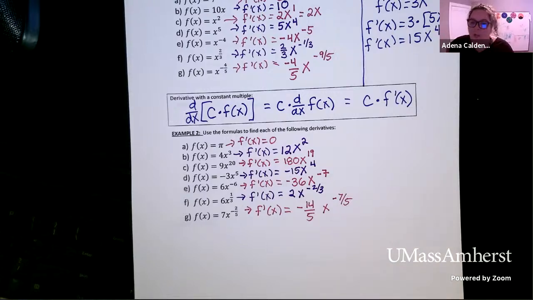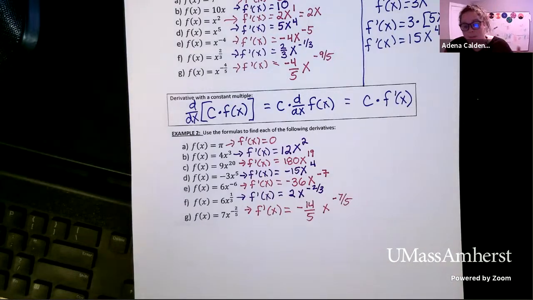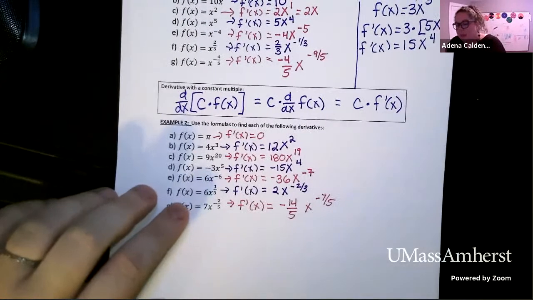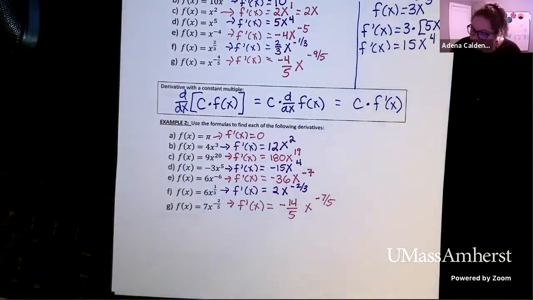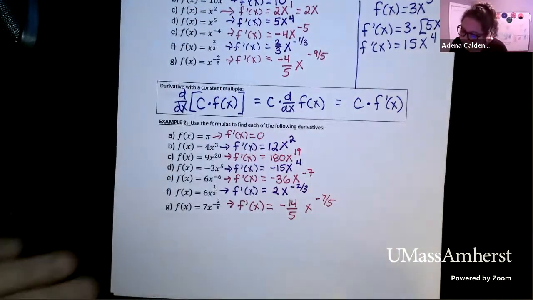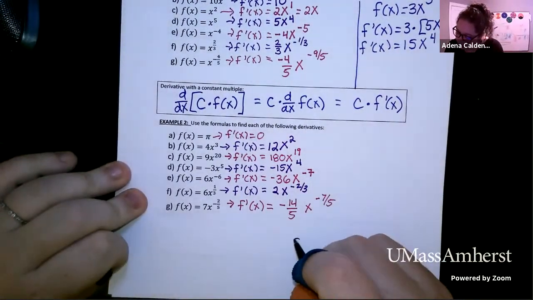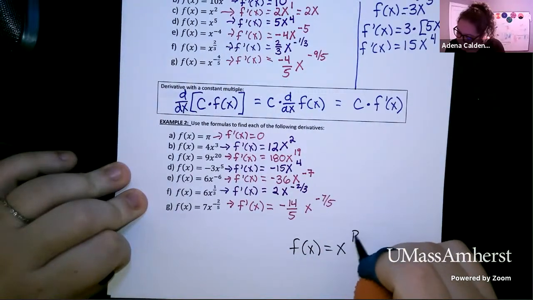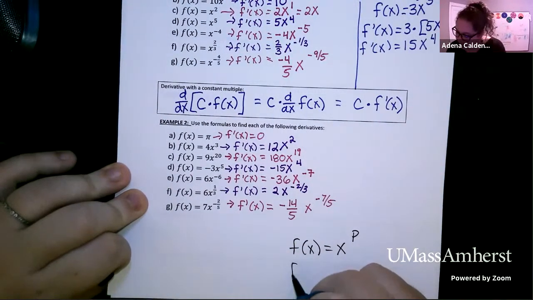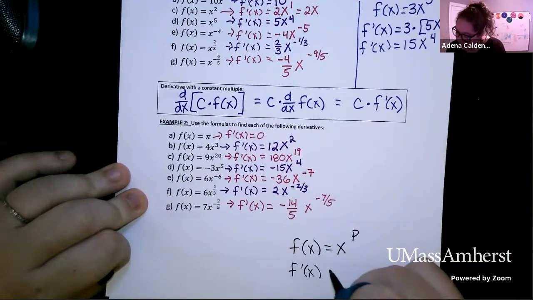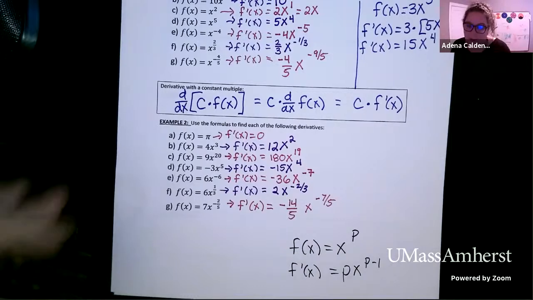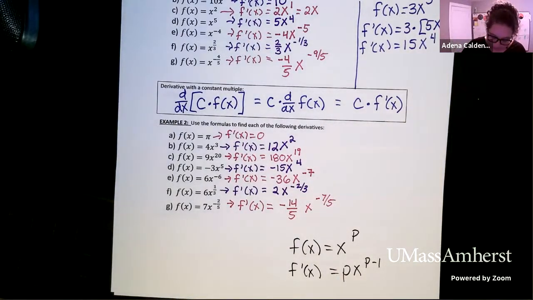So again, if there's a constant out front, it just multiplies the derivative. So the next thing we need to be concerned about goes back to our original rule, right? We said if you have x raised to the p, then the derivative is px to the p minus 1, right? So the power comes down.